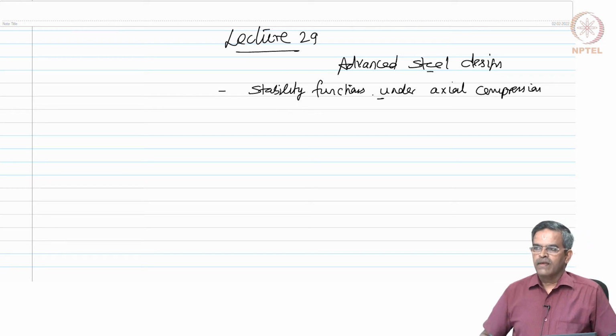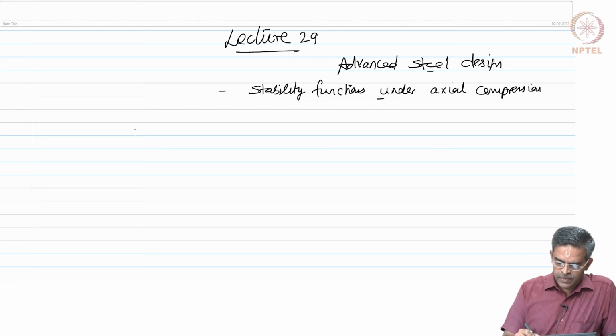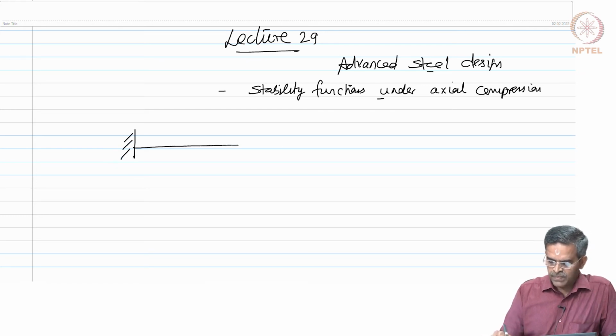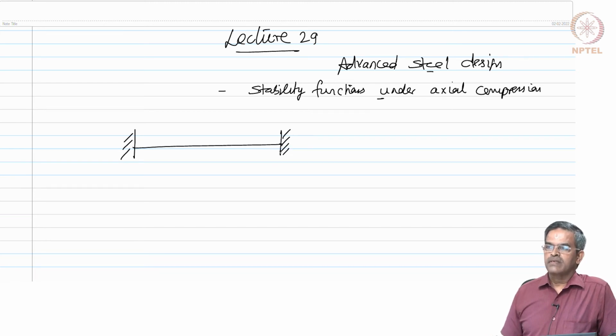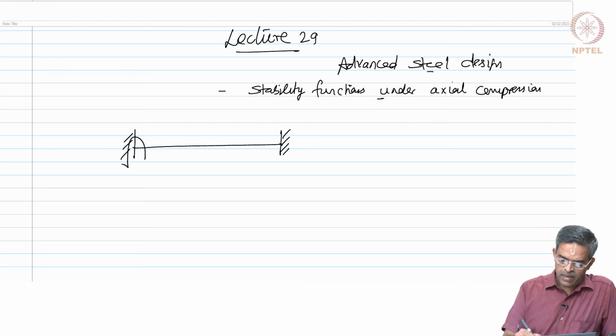Friends, in the last lecture we discussed the derivation of a stiffness matrix using the stiffness method of a standard fixed beam, and we understood that a standard fixed beam has 4 kinematic degrees of freedom as marked on the screen.